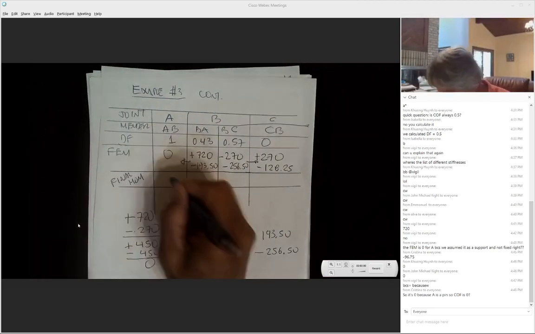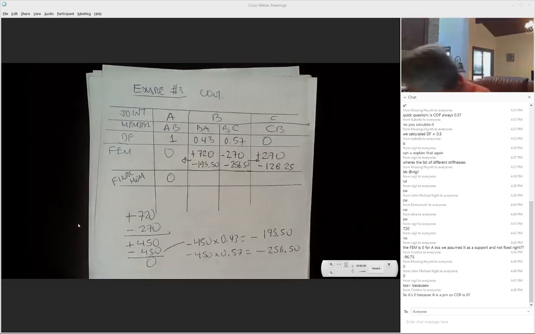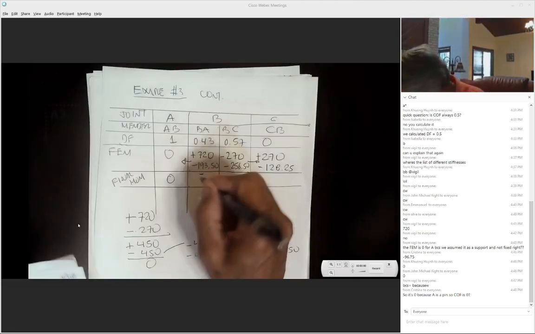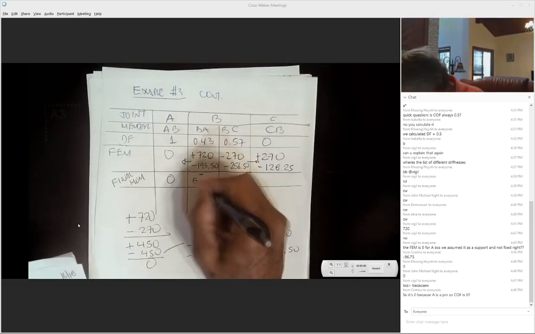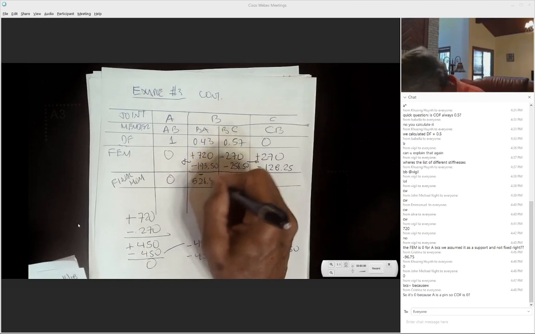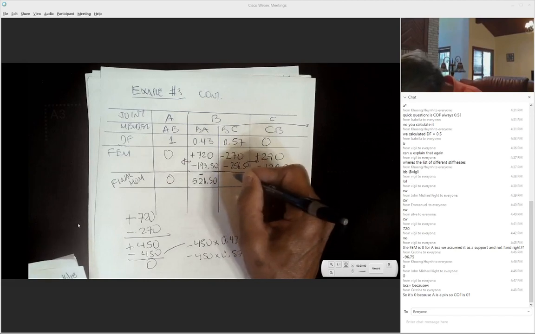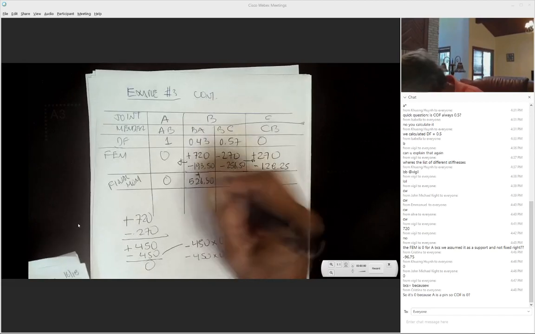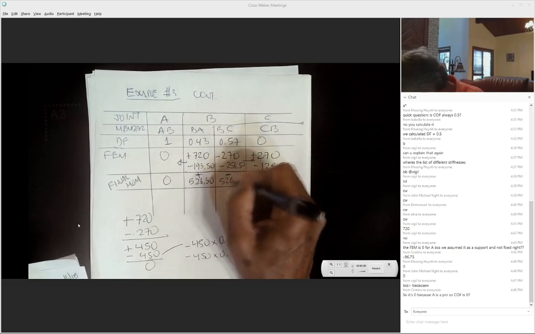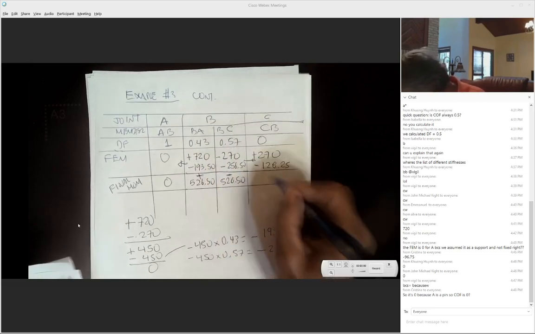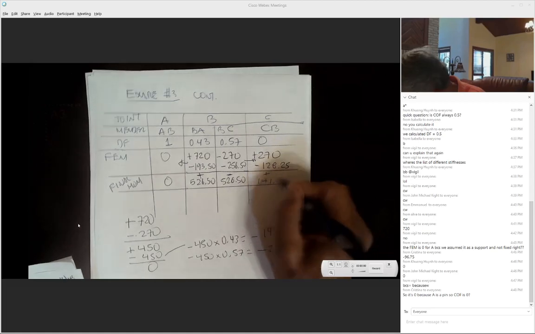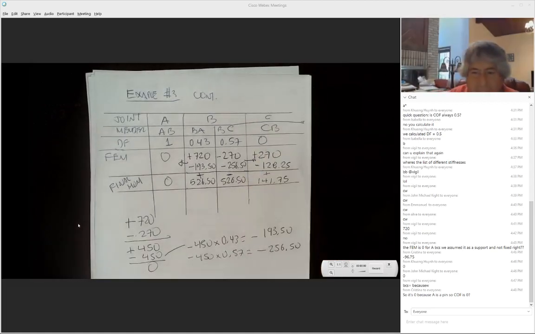Of course, this is 0. Here is minus 526.50. Sorry, this is plus, and this is minus 526.50, and this is plus 141.70.